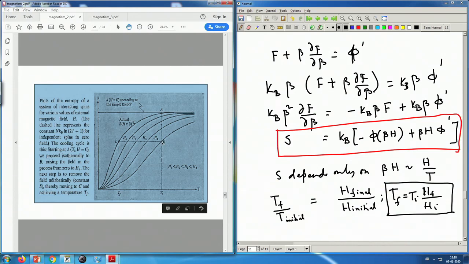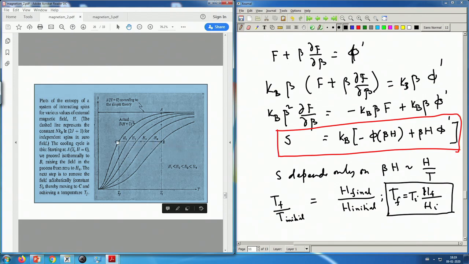The next step is to remove the field adiabatically. So, we come from A to B by raising the field isothermally, then adiabatically we now start reducing the field and go from B to C, which is again h equal to 0, the actual curve, but you can stop at h2 or somewhere, but basically you reduce your field.